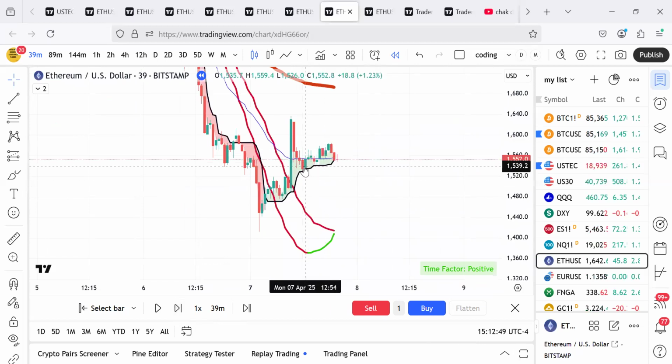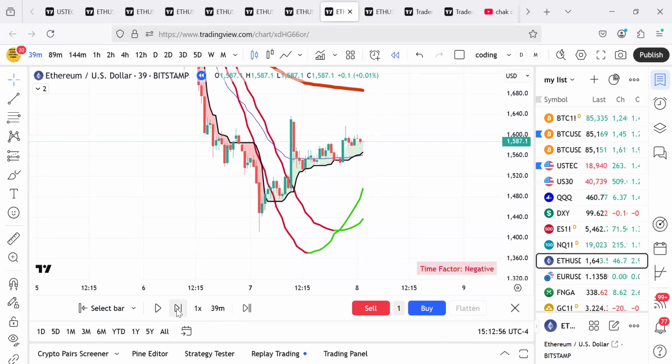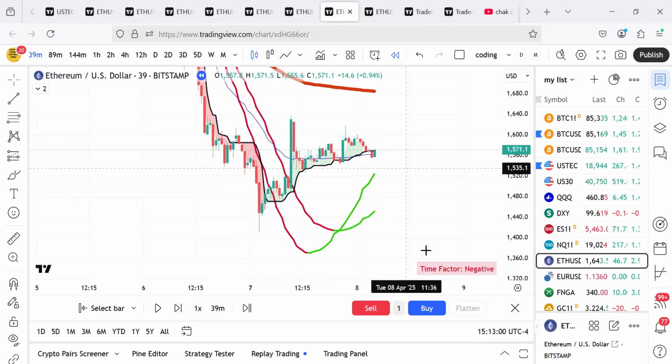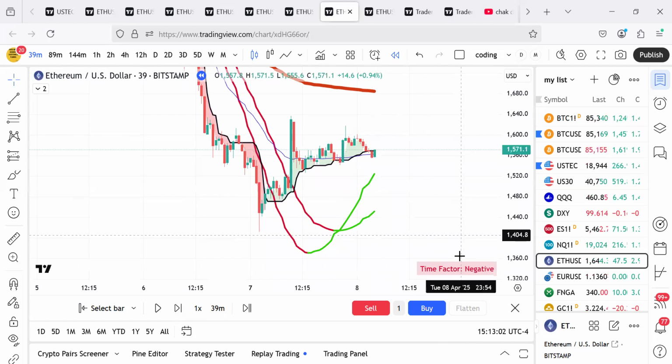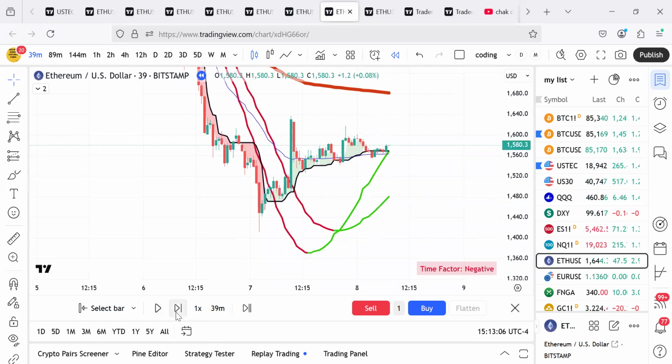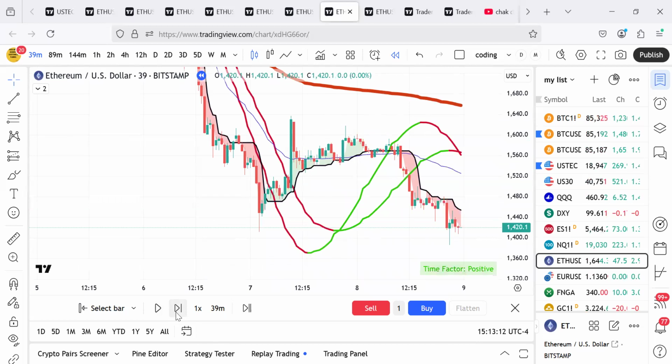So you could have longed over here on the black MA, but then the time factor was turning negative, so you would be out, right? You would not long the black MA again because the time factor is negative, even though the cycles are positive. So you would be out again. So this is a problem that this time factor is solving.